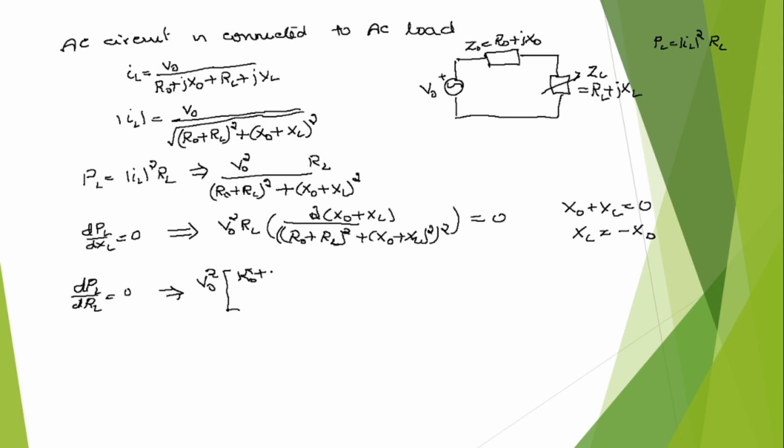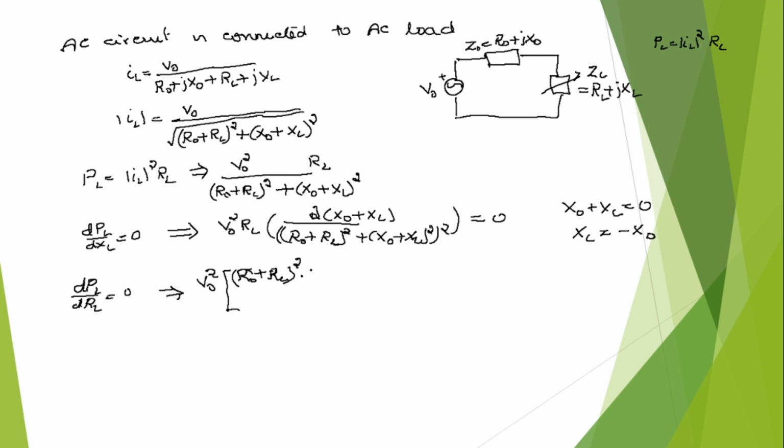In the denominator, R0 plus RL whole square plus X0 plus XL square. Since XL is equal to minus X0, as already derived, this term becomes 0 and gets cancelled, so I will retain only the rest.